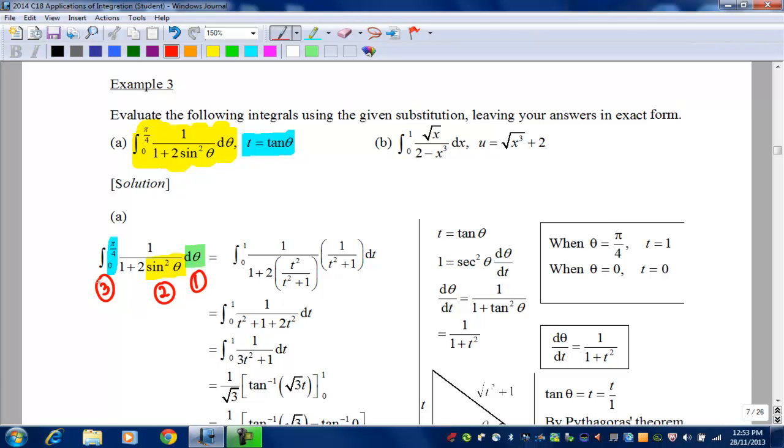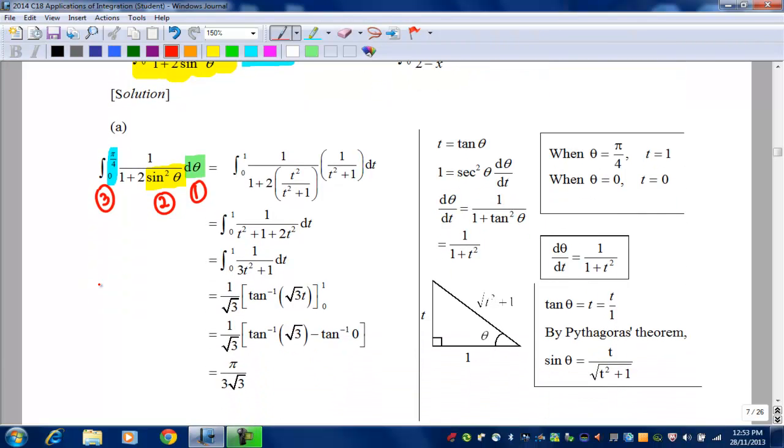Alright, let me bring your attention to the working on your right hand side. So we're going to break this working here into 3 different parts. The one in green will be the working for this.